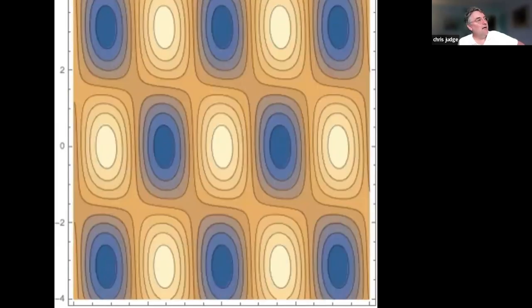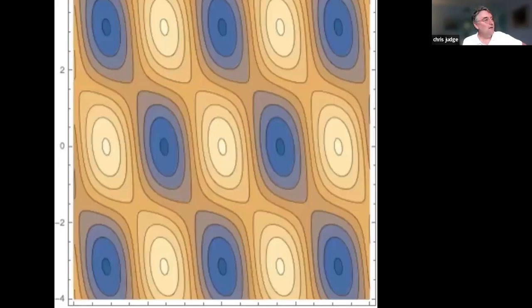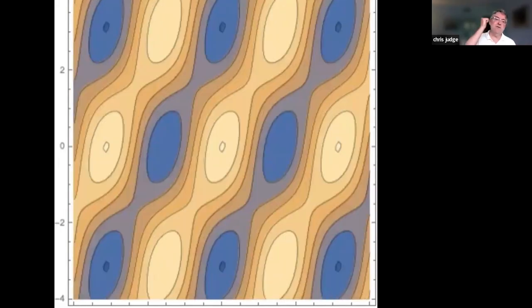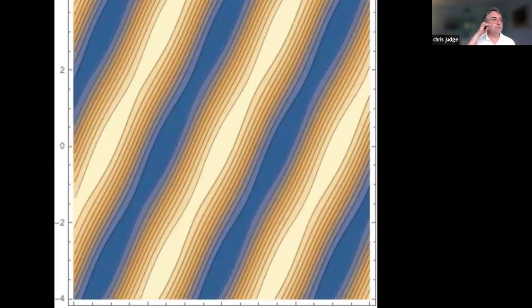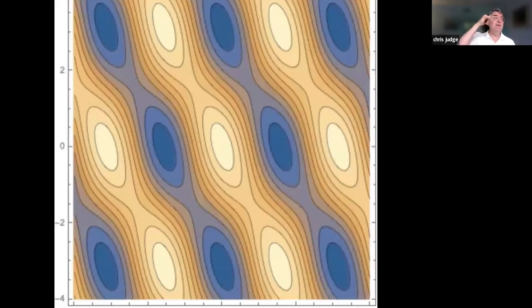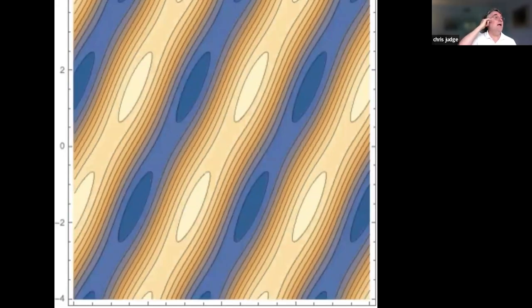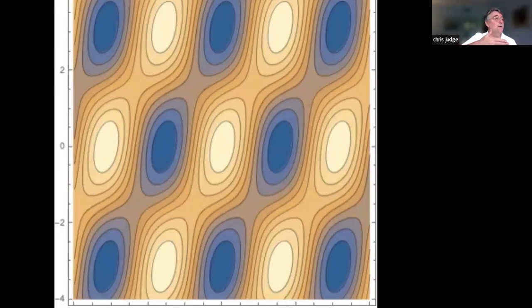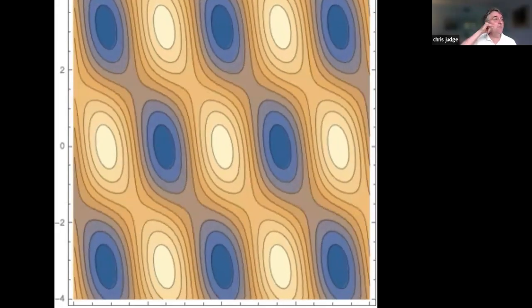X is a torus, and I want to look at the unit tangent bundle. Each unit tangent space is a circle, and what I'm doing here is giving you a cross section that is orthogonal to the circle.